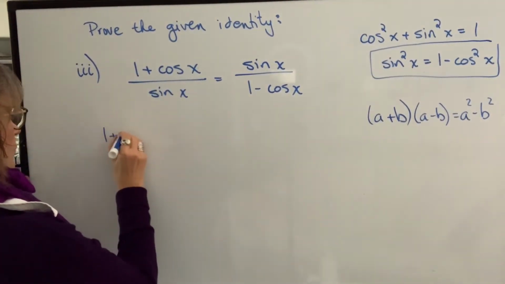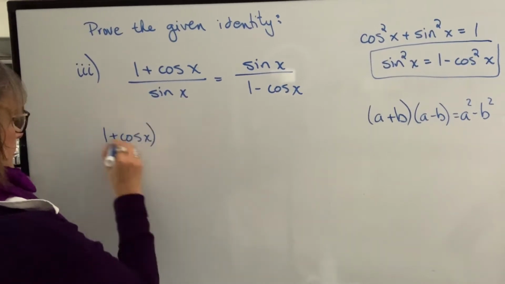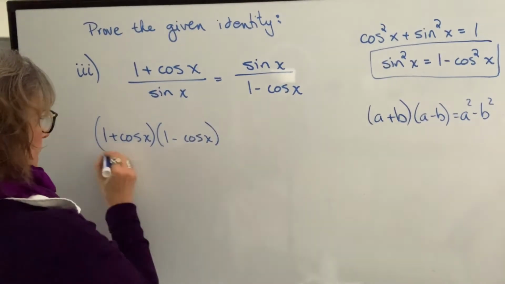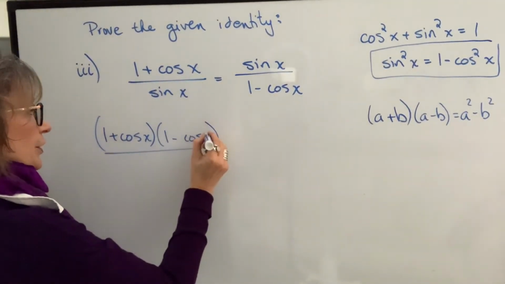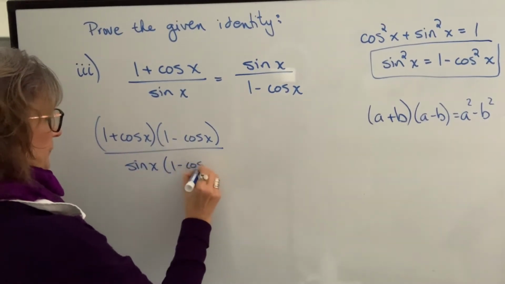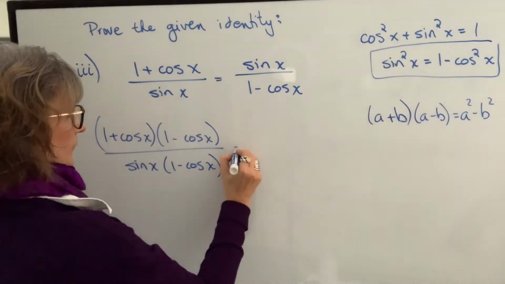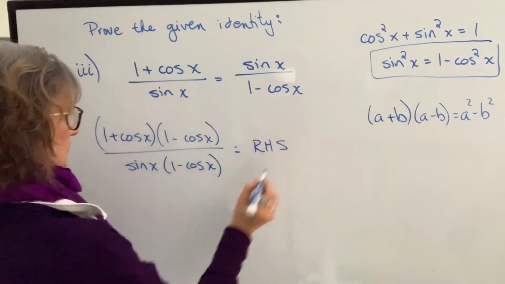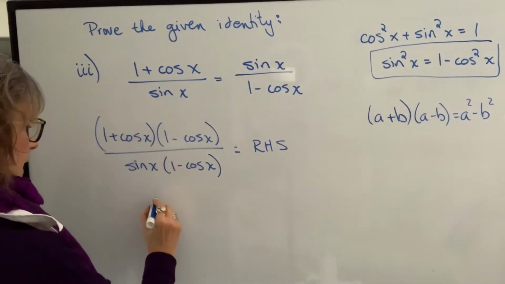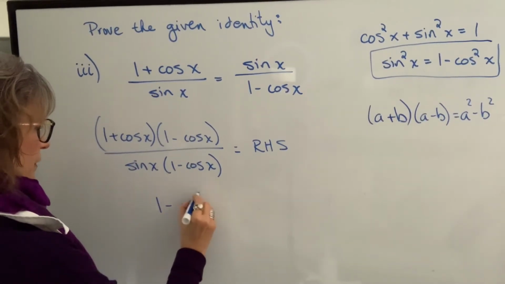So I have 1 plus cos x. I'm going to multiply by 1 minus cos x. Whatever you multiply the numerator by, you must also multiply the denominator by the same thing. And I'm just going to put right-hand side here. Now I can multiply those and I will get 1 minus cos squared x.